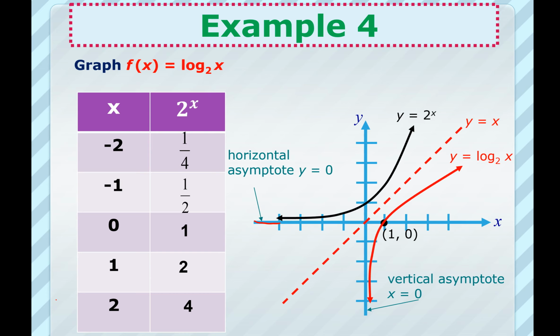We now have a vertical asymptote at x equals 0. We went through the ordered pair 0, 1 when we were graphing exponential functions. Now we go through the ordered pair 1, 0 when we graph log functions. Those are going to be key points when we're graphing each of these two types of equations. And then we have an x-intercept as I just mentioned.